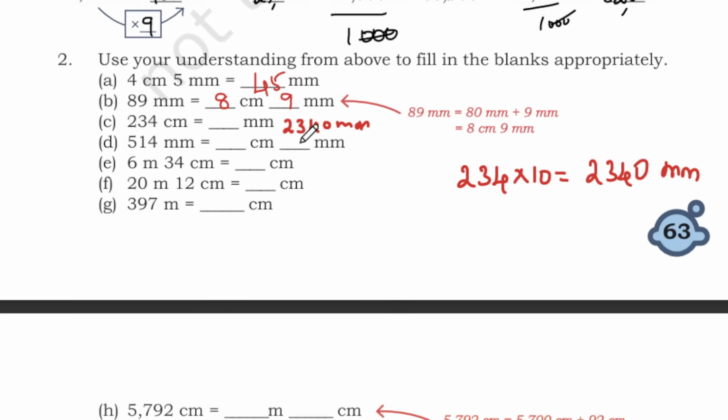So 514 millimeter to centimeter. 500 millimeter is how many centimeter? It is 50 centimeter. So you will write 50 centimeter, plus we have 14 millimeters. 14 millimeter is 1 centimeter and 4 millimeter.